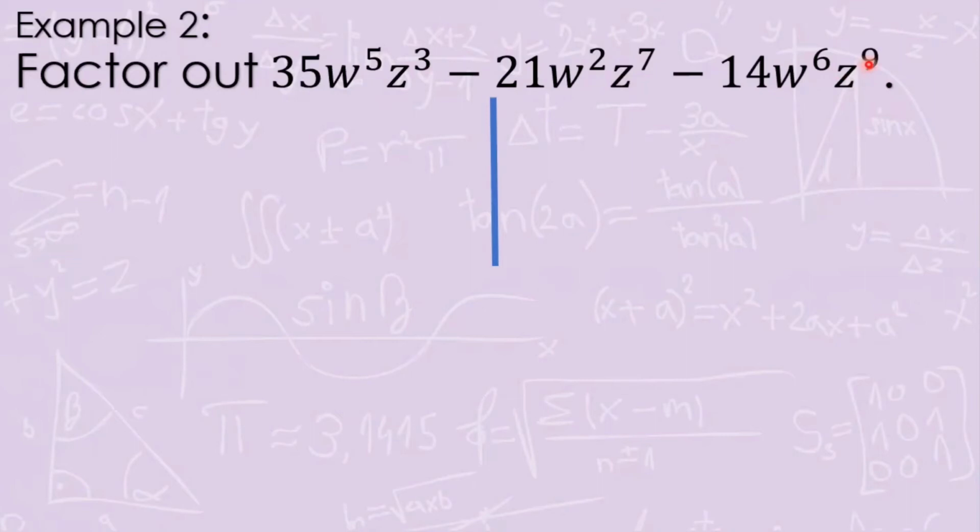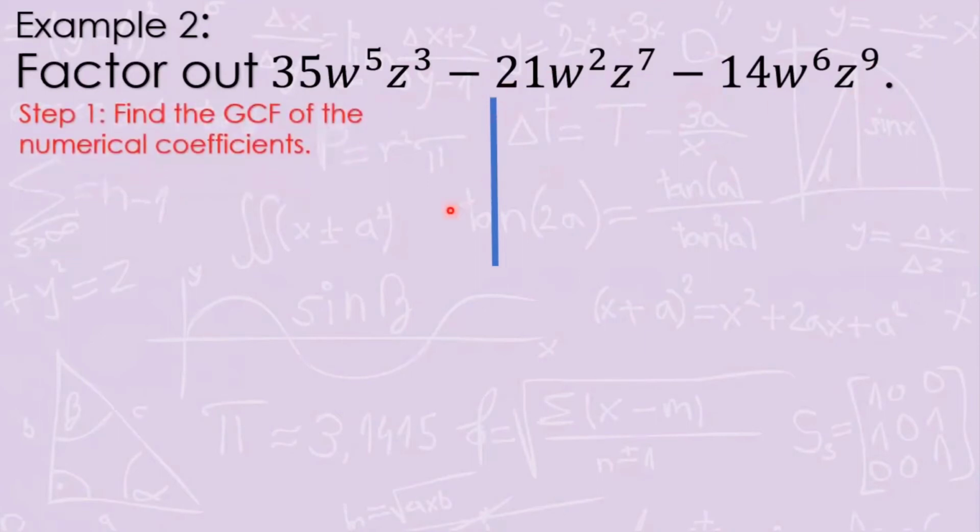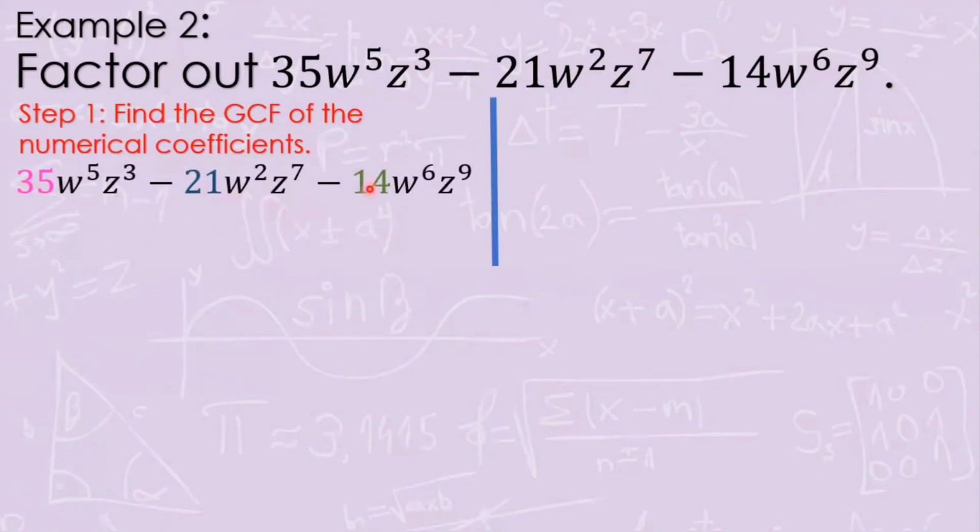Okay? Again, to factor it out using common monomial factor, first, we need to find the GCF of the numerical coefficients. Okay? So this is our given. So these are the numerical coefficients.